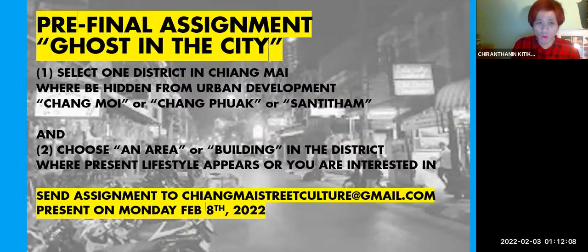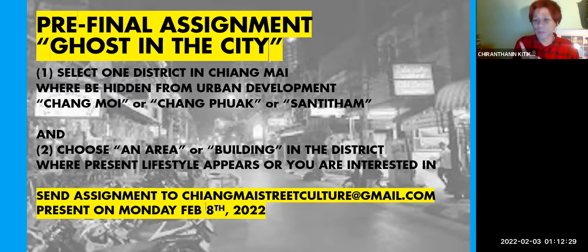I want you all to show just one district that you're interested in, or you have been to, or you have a story about. Show just one. The place that would be hidden from the urban development between 1961 and 1996. They have Chiang Mai, Chiang Pheur, and Santitam.